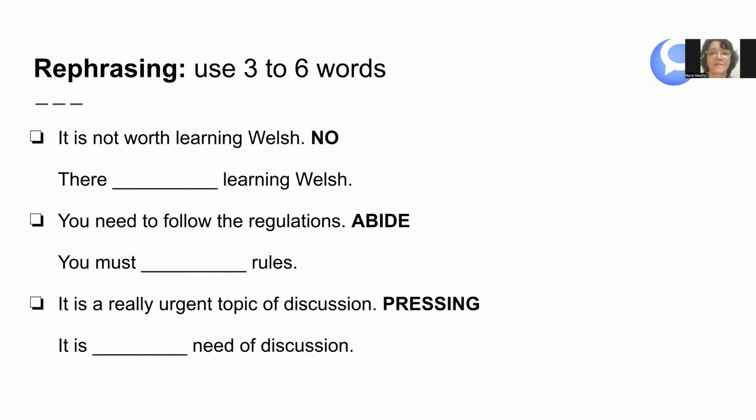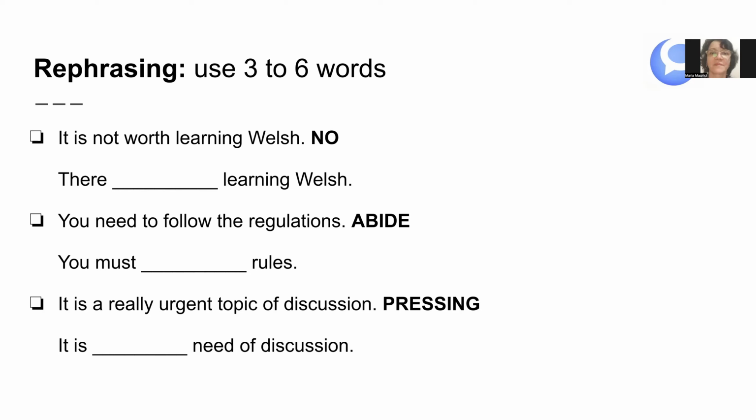There are no points in learning Welsh. There are no points could be a possibility. There are no reasons in learning Welsh. Okay. Yeah, okay, there are no points in.